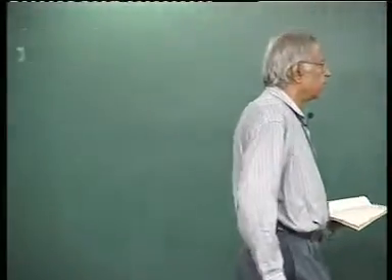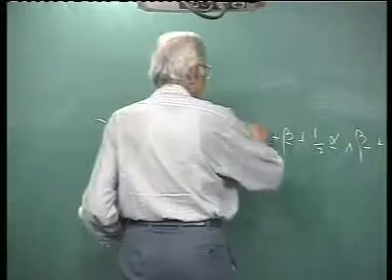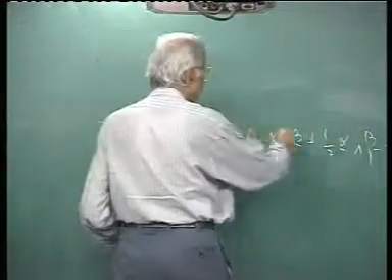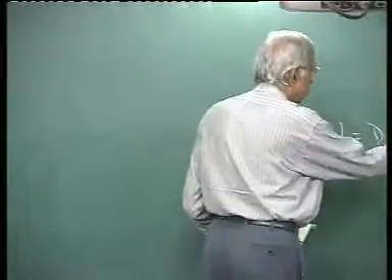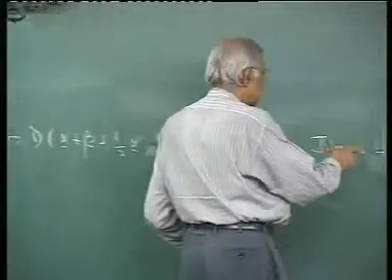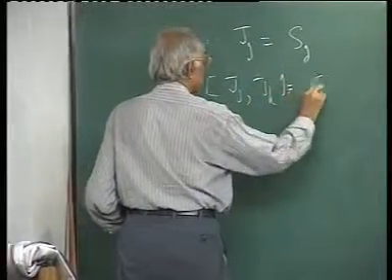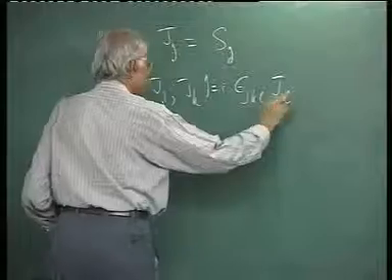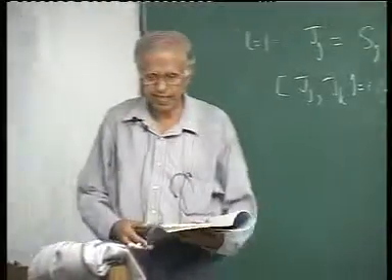Now, here is what happens. This is not difficult actually for you to verify. This composition rule of the group, the way that group elements multiply to give new group elements, and this definition of the generator of a representation, the two together, when they are suitably exploited, you find that the generators obey certain commutation relations.